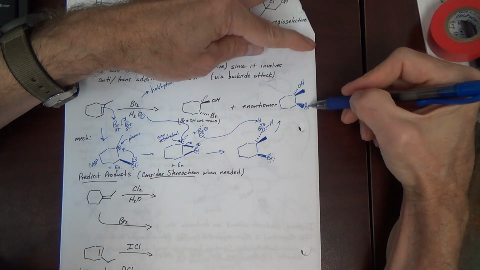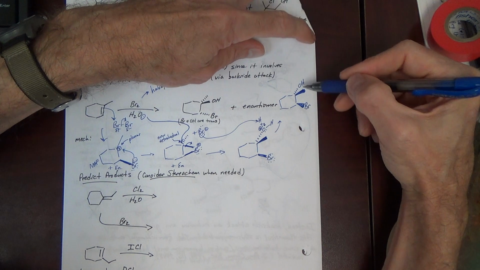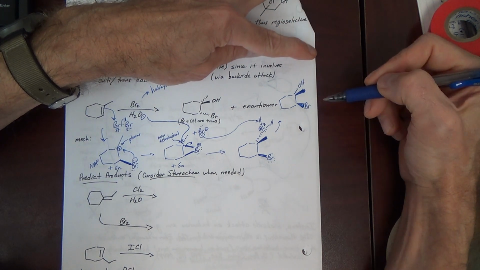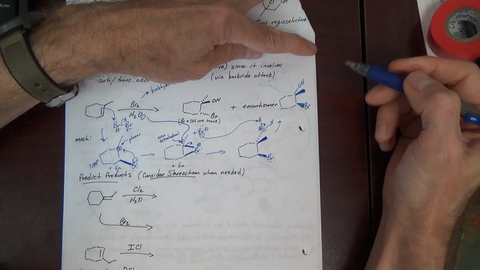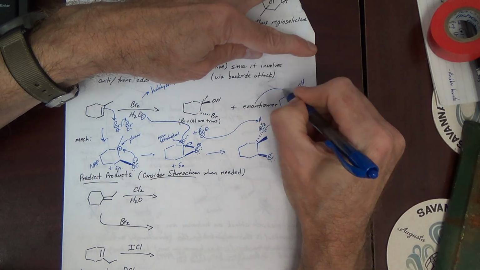And we see the OH and the bromine are trans, so we can call it a trans halohydrin. And here's your product. All right.